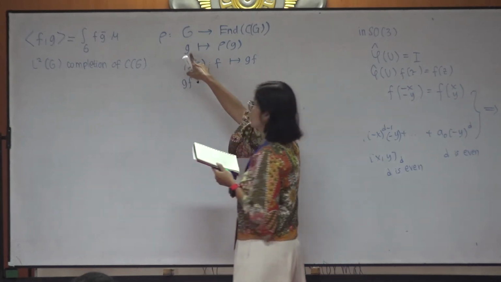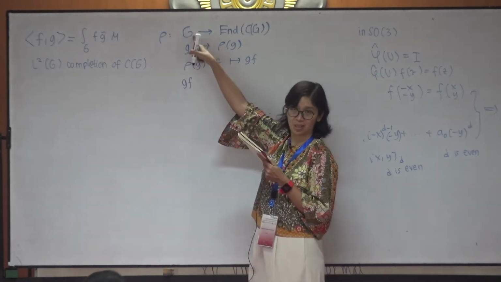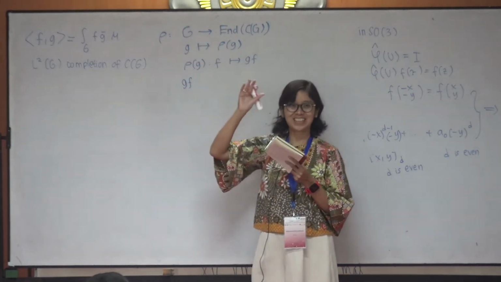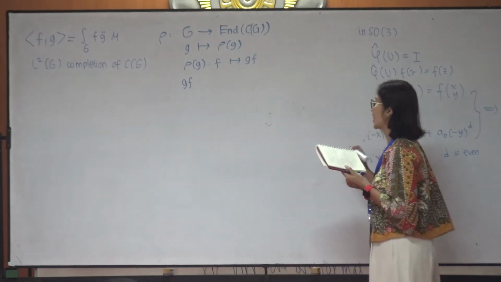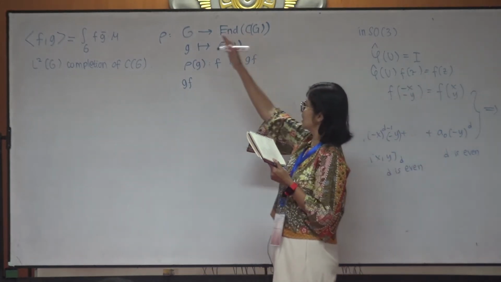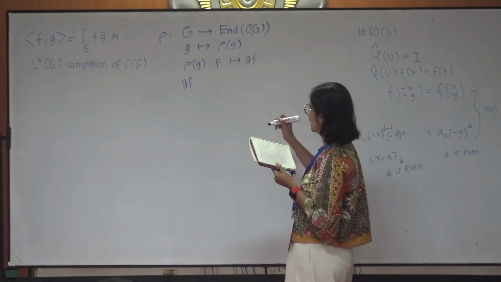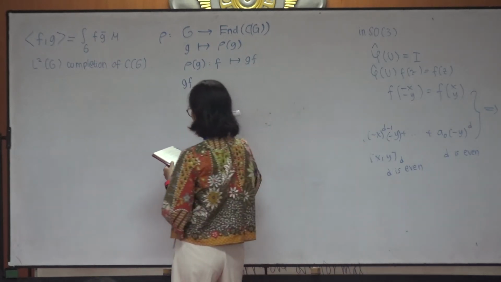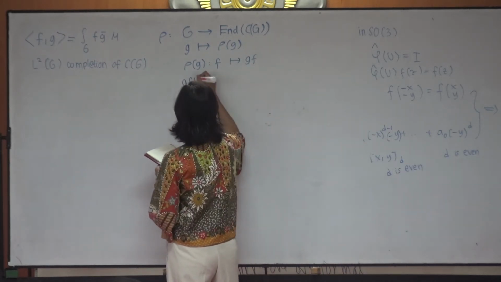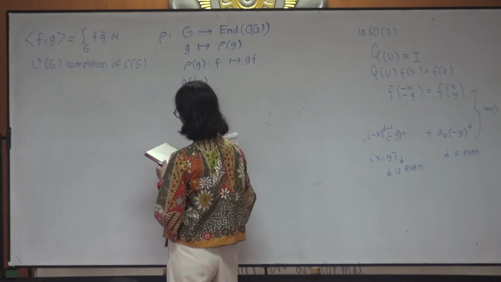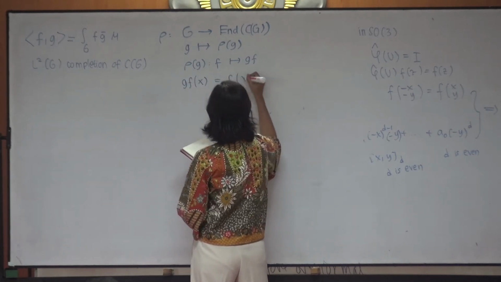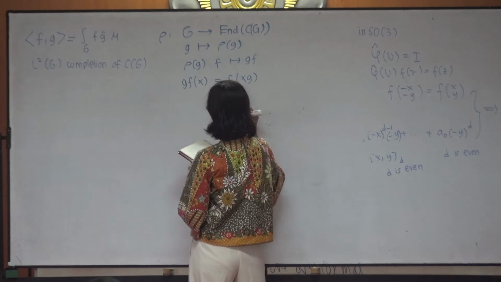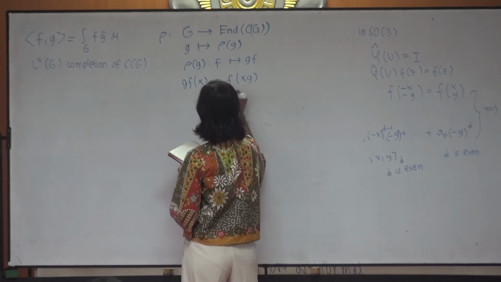Okay, so g is not a function, it's an element of the group. Usually when you see f and g, you think they're both functions, but not here. g is in G, but f in CG, and g times f is defined as this function sending x to f of xg, and gf is in CG.